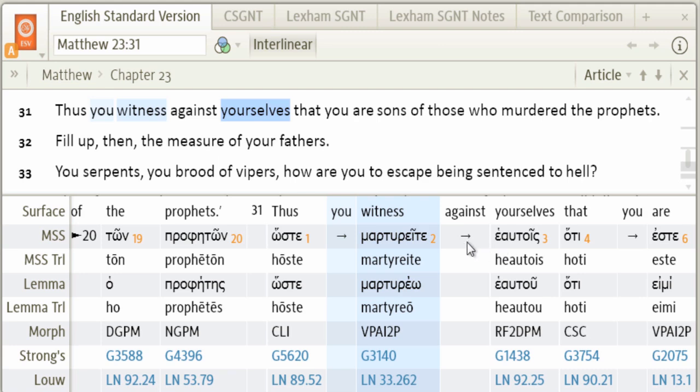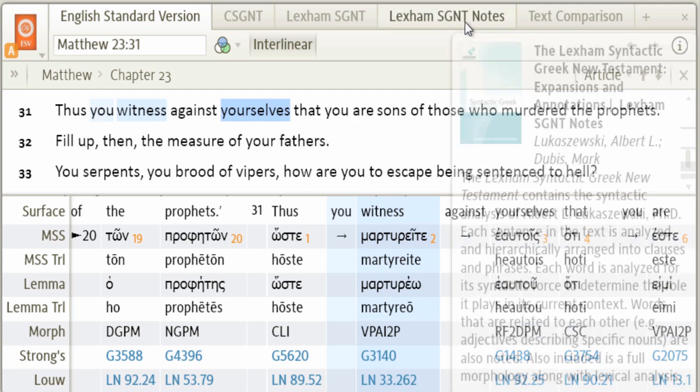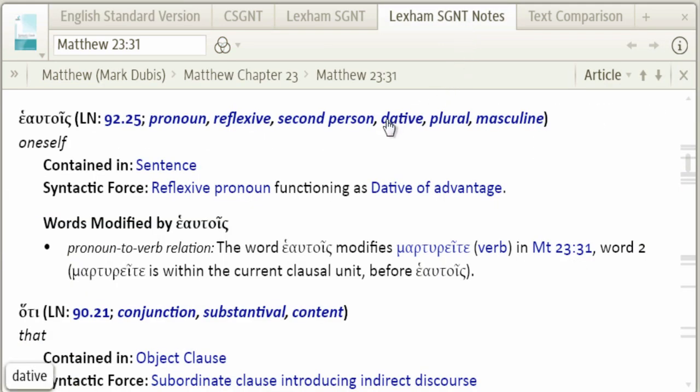Now, the morphology line only gives us information on the form of the word or the part of speech. We want to look at the Syntactic Greek New Testament expansions and annotations to see the function or syntactic force of this word in the sentence. Here we have our word, heautois.